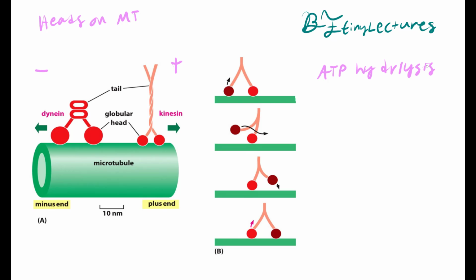You can imagine a person walking down the street. Every time the head attaches to the microtubule, ATP is hydrolyzed, because whenever you cut off a phosphate bond from ATP, it releases a lot of energy, and that energy is used to power the motor proteins along the microtubule.